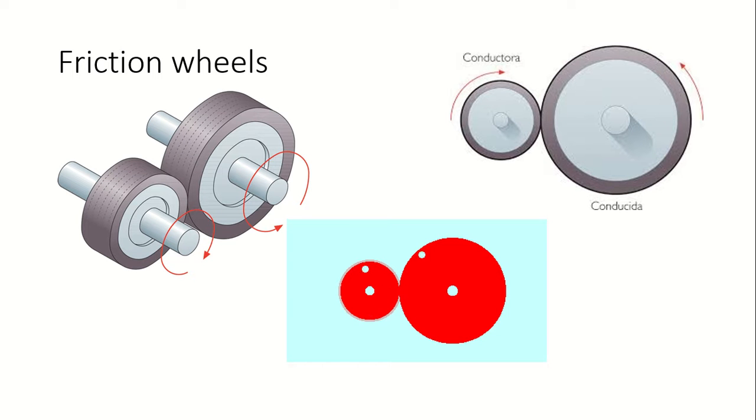Okay, the driver and the driven turn to the opposite side. Applications. Well, no. First of all, there's another type of friction wheels that have one crazy wheel in the middle.